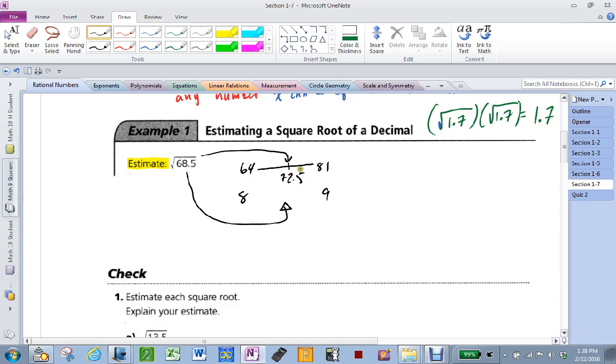Yeah. And isn't half of that 4? Yeah. So that would be about 68, wouldn't it? And that's a quarter of the way along this line, isn't it? Mm-hmm. So is a good estimate 8.25?